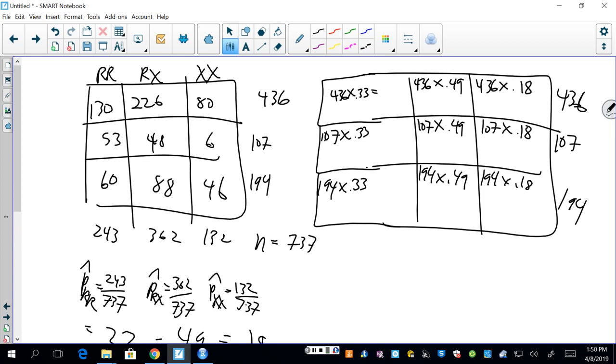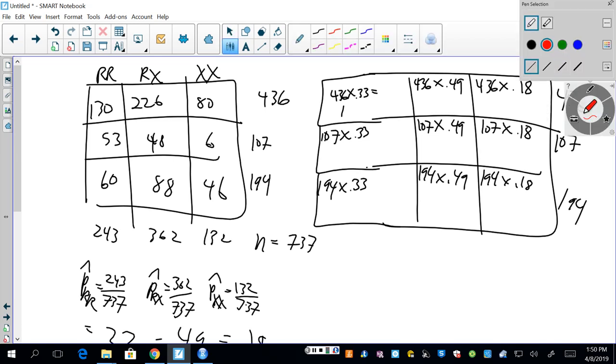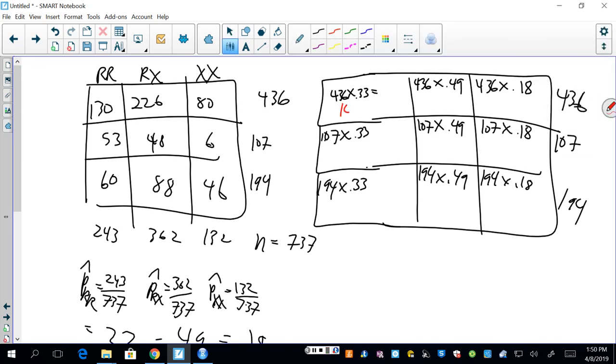And those expected values, I'll write these in red, so they stand out. 143.76. And you can keep these as decimals. Maybe one decimal place would be enough, but the chart you have has two.